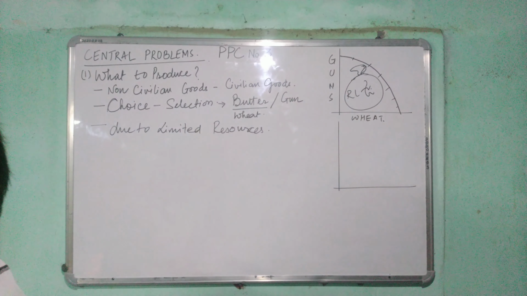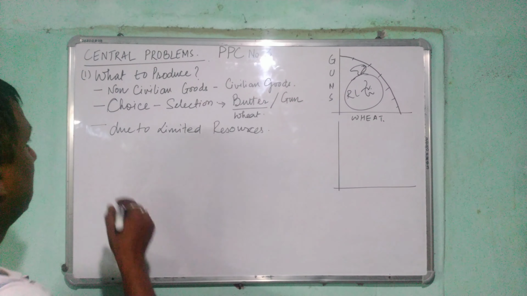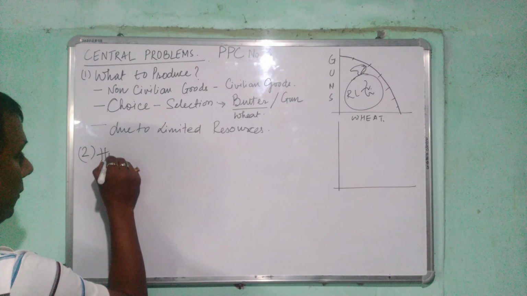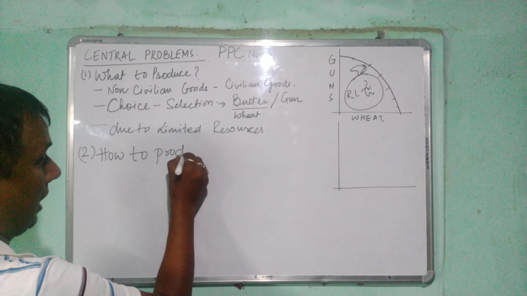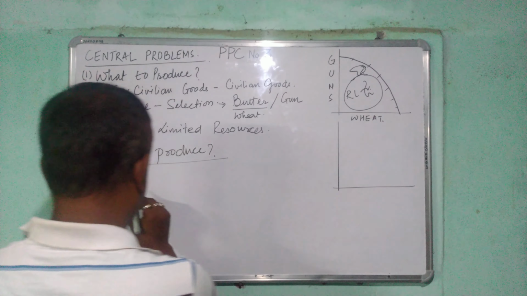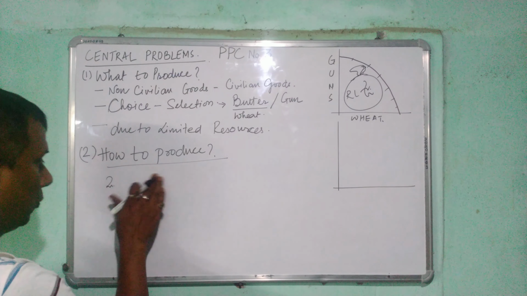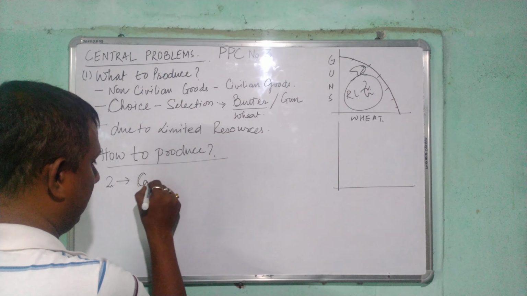The next one is how to produce. The second problem is how to produce. Now there are two technologies, basically two points.